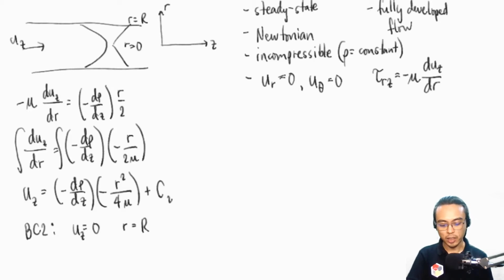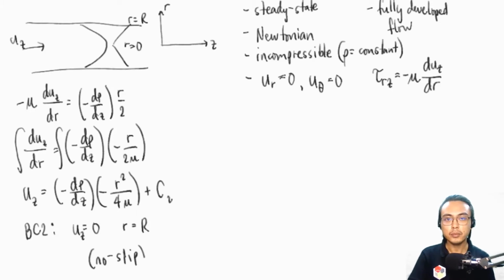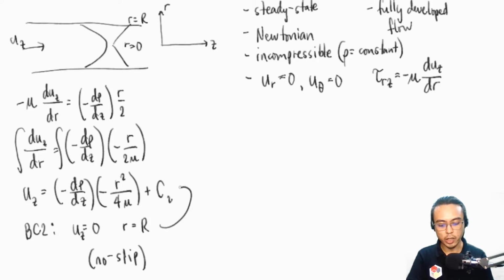So again, at a position of small r equal to the radius of the container, the velocity of the fluid there is 0. This is because of the no slip boundary condition. If you substitute these boundary conditions to our velocity profile here, what do we have?